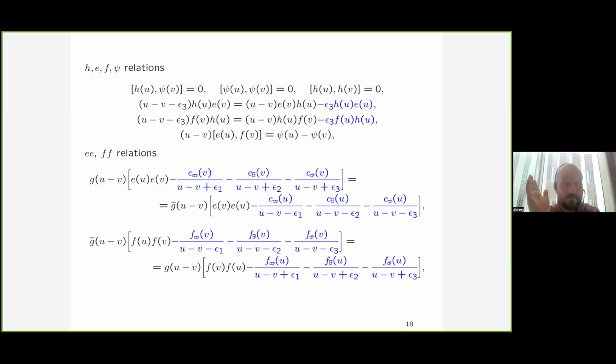Sometimes they are called boundary, because once you expand this relation in terms of modes, expanding everything at both infinities, u and v at infinity, it is clear that each of the blue terms contributes to the commutation relations only to a very small part of it, only when one index is fixed and another goes from 1 to infinity. That's why they do not contribute to most of the relations. That's why they are called boundary.